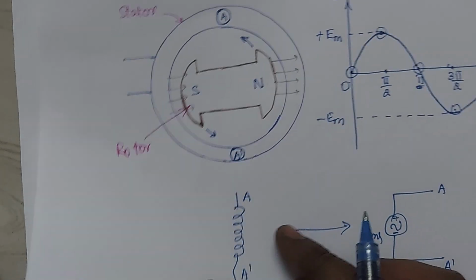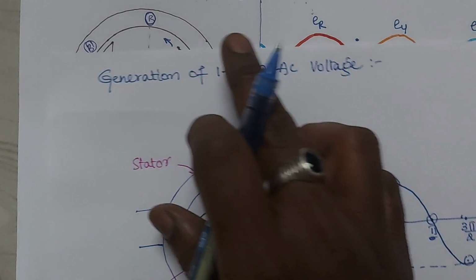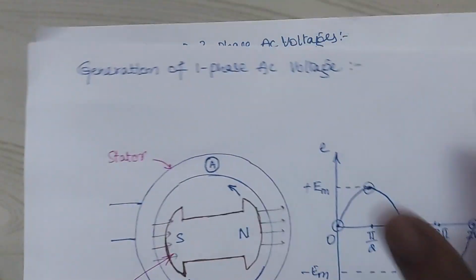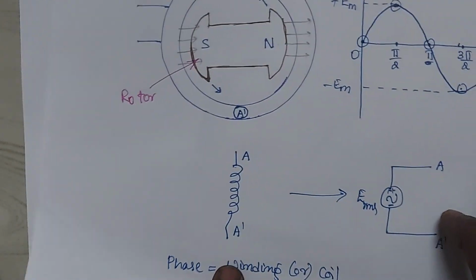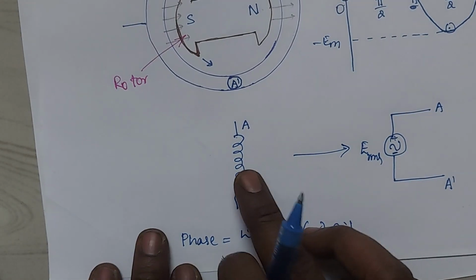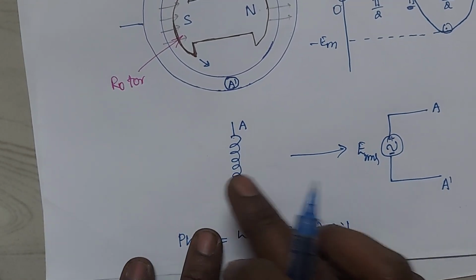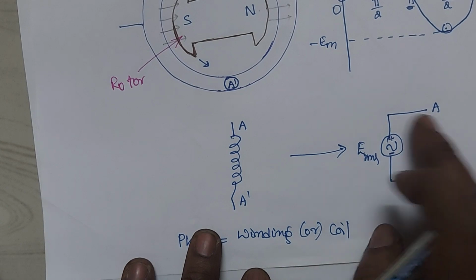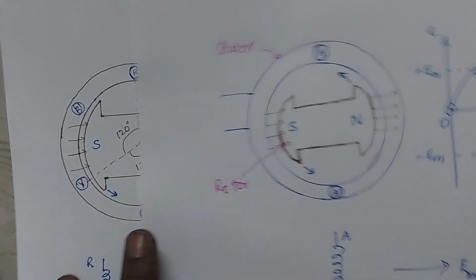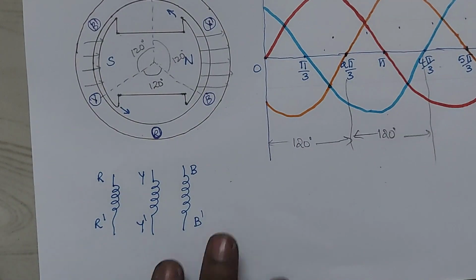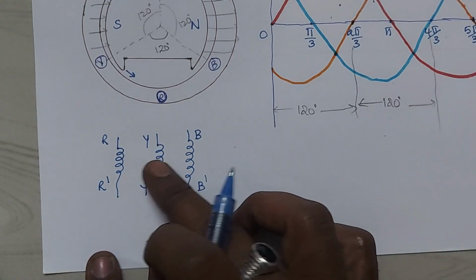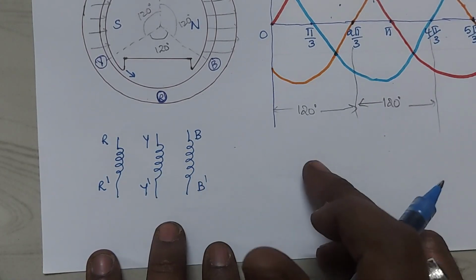Now I want to represent in a voltage source. Just now I saw in the case of single phase AC voltage, how I represented from this coil side to this circuit point of view. Here also in the three phase, now I want to show it in voltage sources.